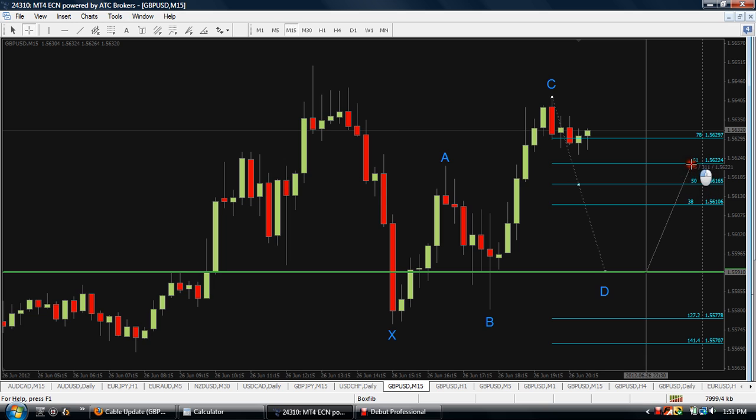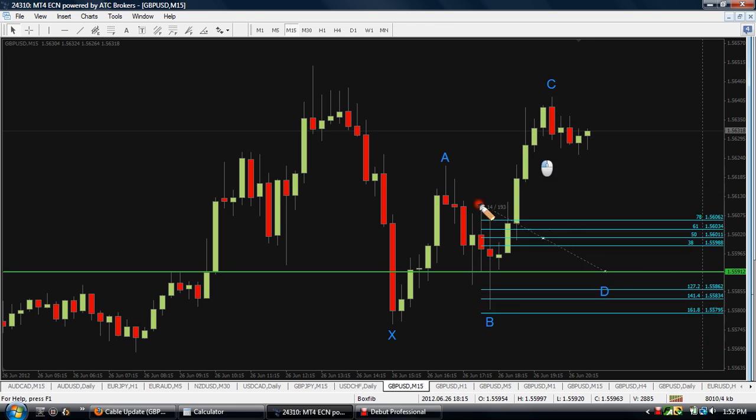Your second profit target will be 31 pips, so that's about a 50 pip trade there. Your total risk will be about 20 pips, so risk 20 to get 50 there.